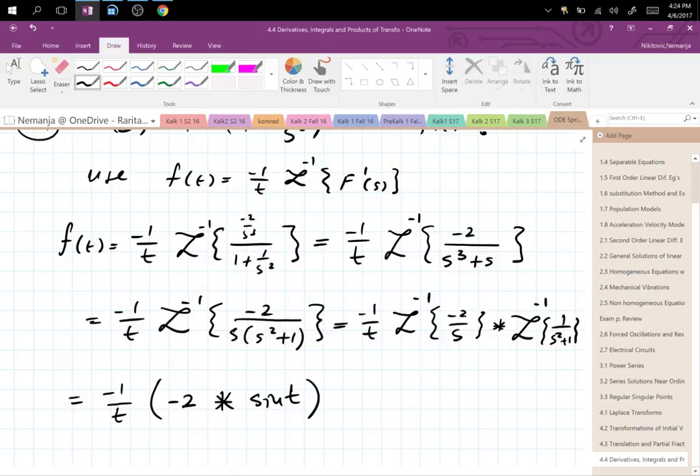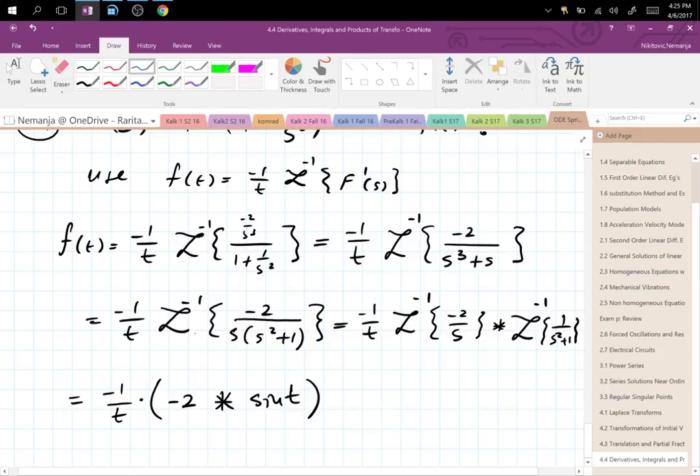What? Well, it's negative 2, so that's just a constant. No, that's on the outside. Convolution is done separately, so the integral for convolution would be applied over here.